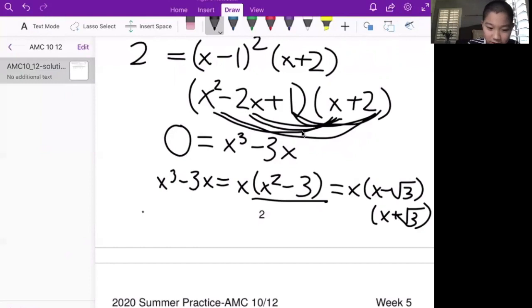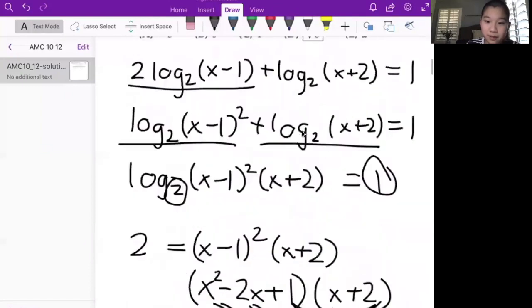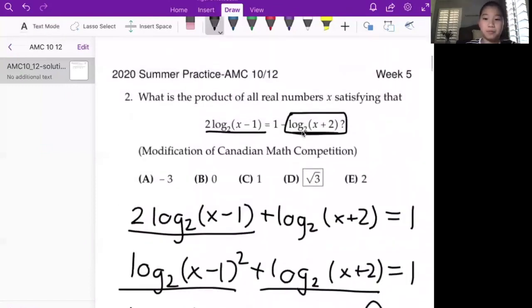So this is trying to say that the values of x which make this equation true are 0, negative root 3, and root 3. But if you look up here, not all of them work.